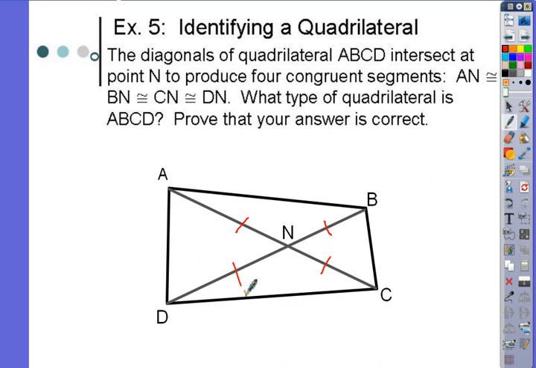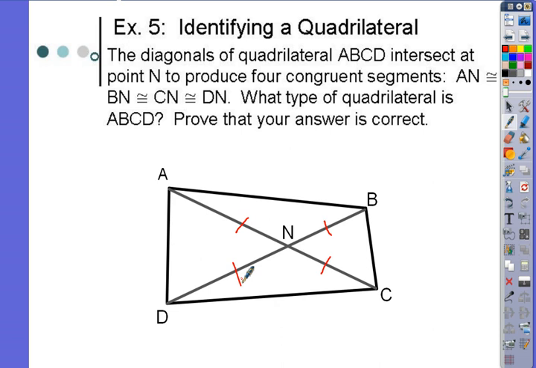What about BD? Well, sure. That segment and that segment are congruent. So it also has been cut in half, right? Even if it doesn't look like it. So it is a parallelogram. There's one thing we can say. Step 1: parallelogram because diagonals bisect. So it is a parallelogram.